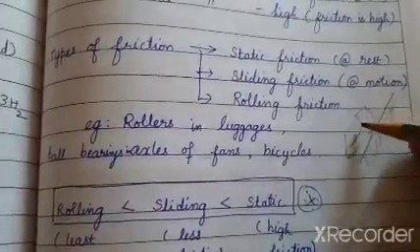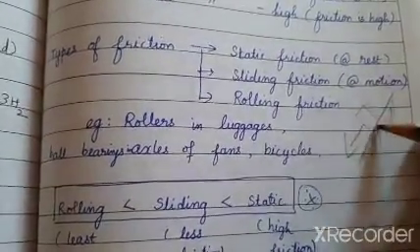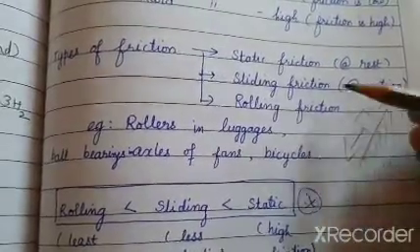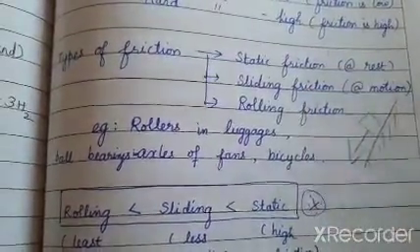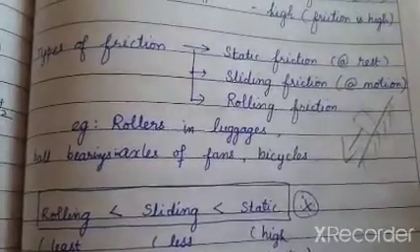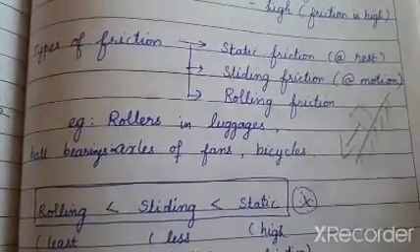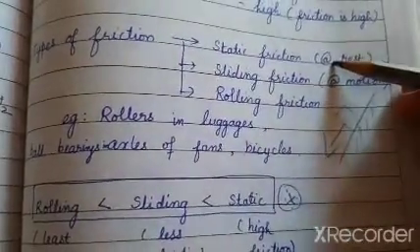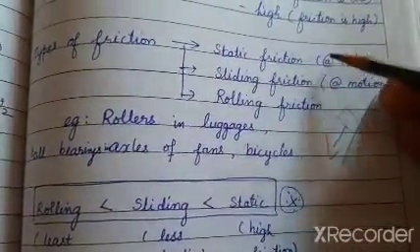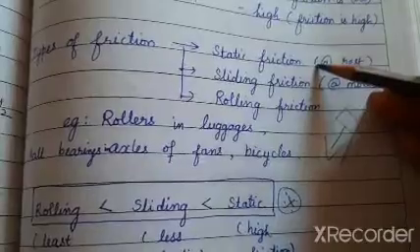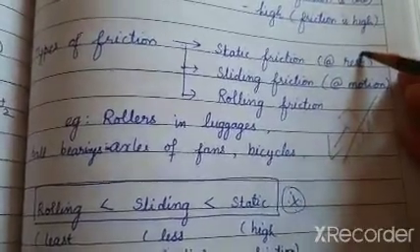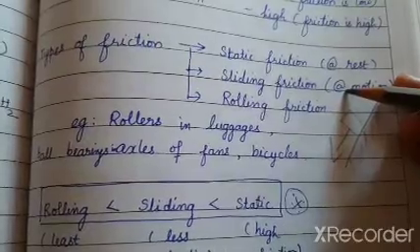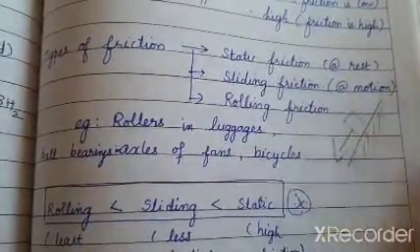It is easy to move an object which is already sliding than the one which is in the rest position, isn't it? Do you agree with me? Yes, because one needs to put a lot of effort for an object to change its position from rest to motion. But I don't want to put a lot of work to move an object which is already moving.